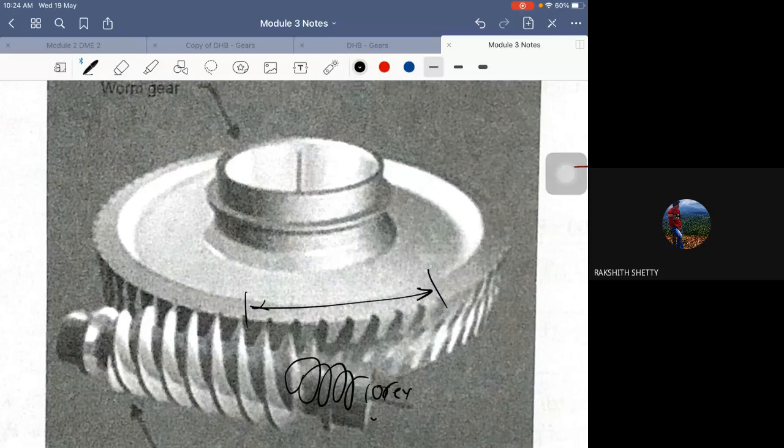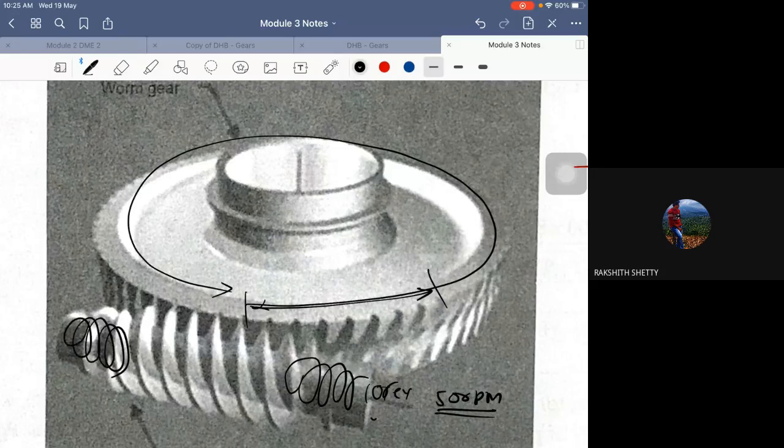If you want the whole thing, that means a complete revolution of the wheel, the worm should rotate around how much? 50 rpm, I'm just saying it randomly to make you understand why the worm and worm wheel concept is being introduced. You should turn 50 times so that the wheel completes one revolution.